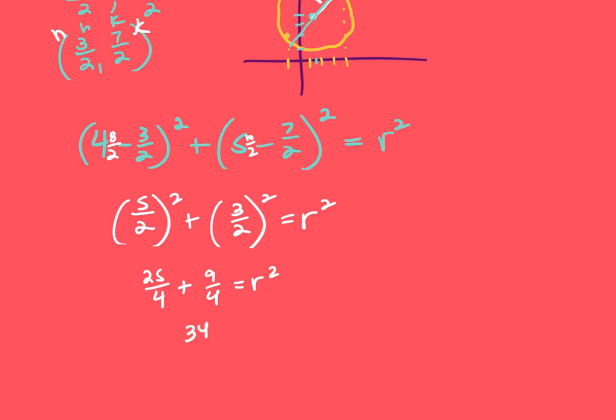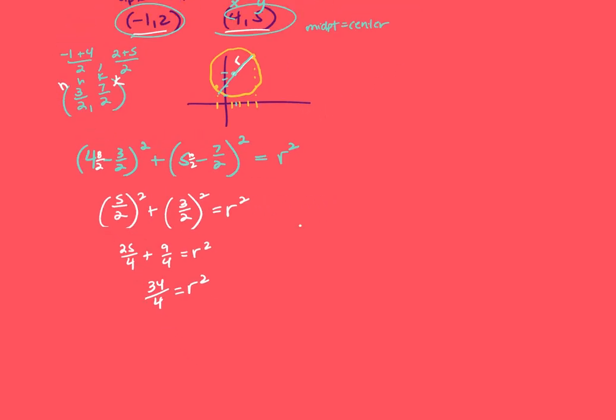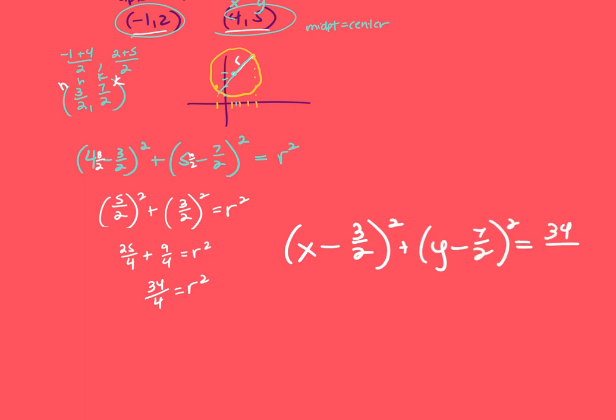And I get 34/4 is r squared. Now, if it asks for r, I have to square root it, and it ends up being the square root of 34 over 2, because you have to square root both. But this question wasn't asking for the r. It's asking for the equation, so I will leave it as r squared. Leave it alone. You don't even have to worry about square rooting it. And I'd get x minus 3/2 squared plus y minus 7/2 squared equals 34/4.